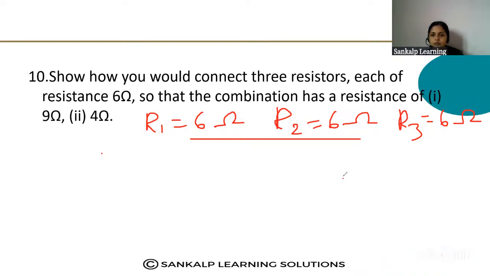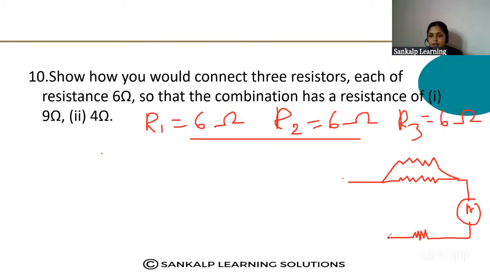Now just see the connections. Two resistors should be in parallel. So parallel connection of these resistors. One more resistor in series.